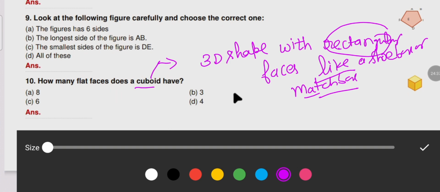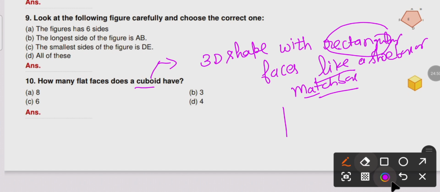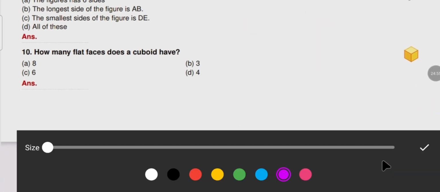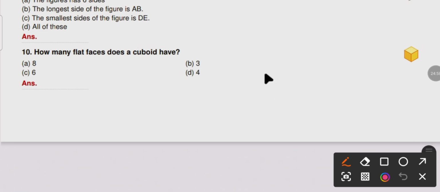So now how many flat faces does the cuboid have? So let's start to count. Let me draw it, because the picture is not clear here. Cuboid.